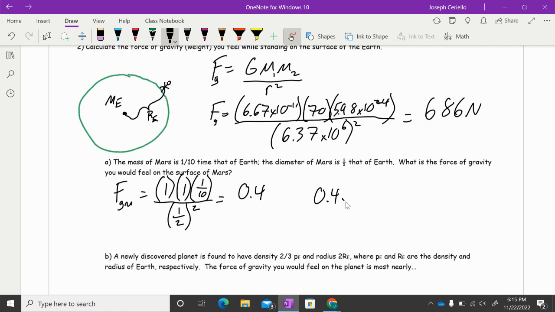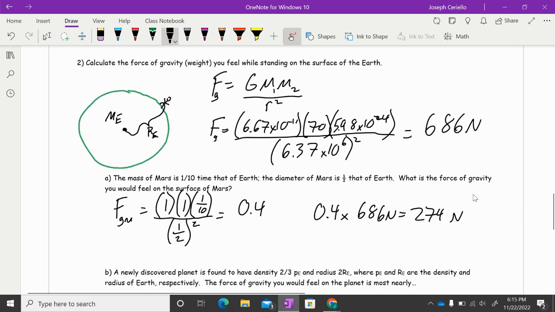So 0.4 times 686 newtons equals about 274 newtons. So that would be your weight, the force of gravity you feel on Mars. We use weight and force of gravity kind of synonymously.